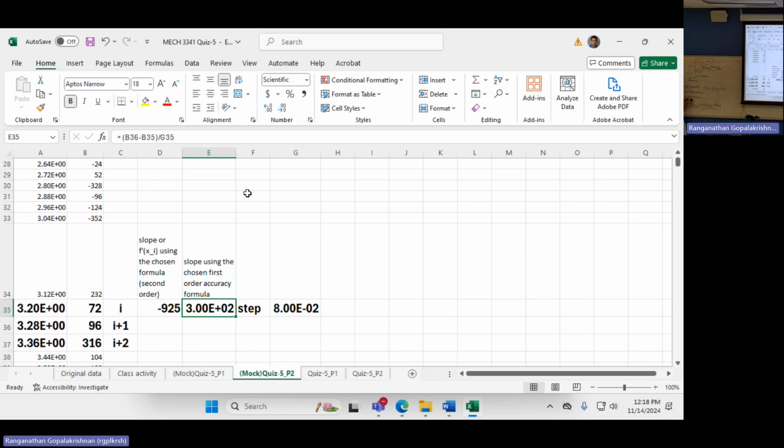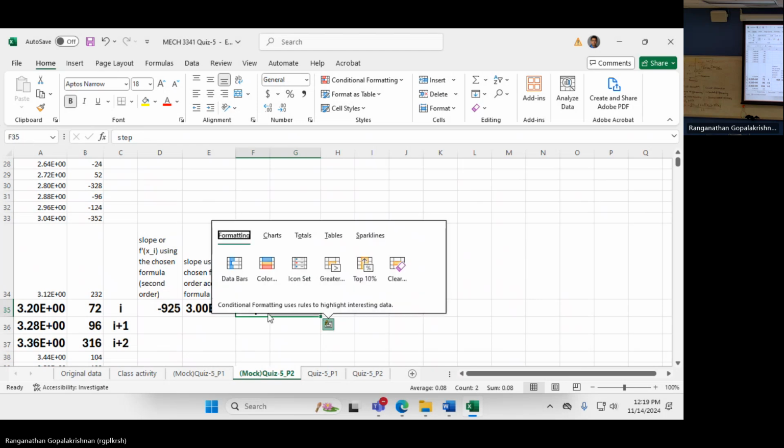So now we are going to do second derivative using central differencing and second order accuracy.